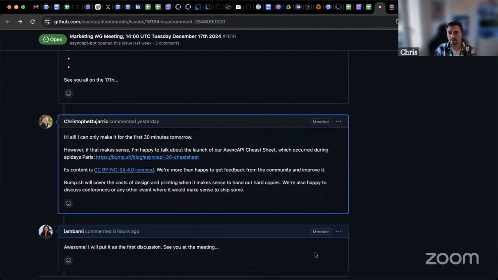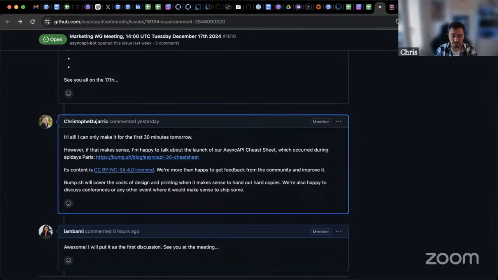We started handing it over to API Days participants. We've had great feedback so far. I think we printed around 100 copies, if I remember correctly, and they're all gone, which is great. It's the same level of traction as what we had for the OpenAPI cheat sheet.